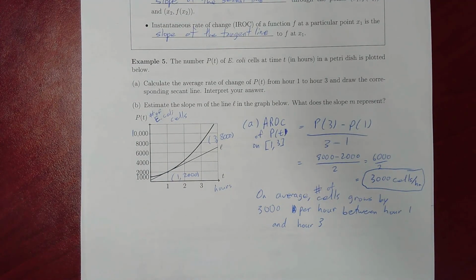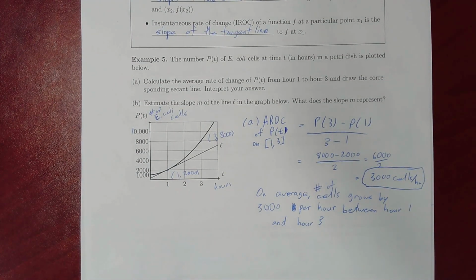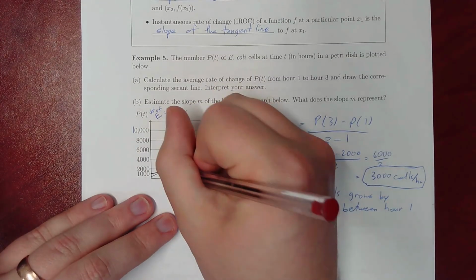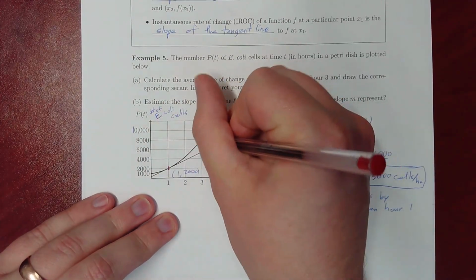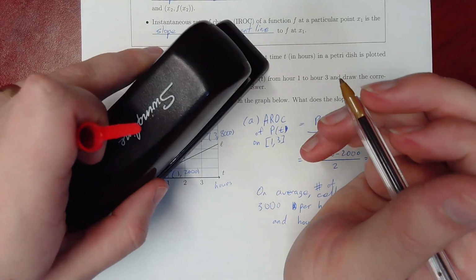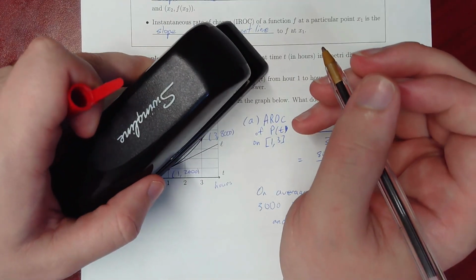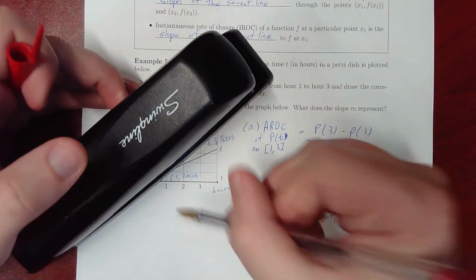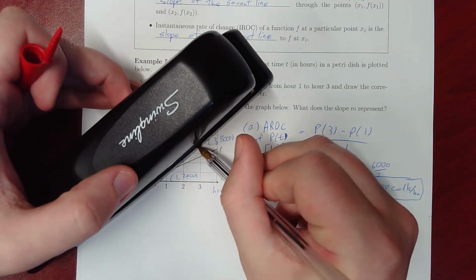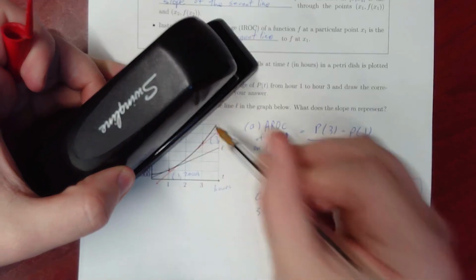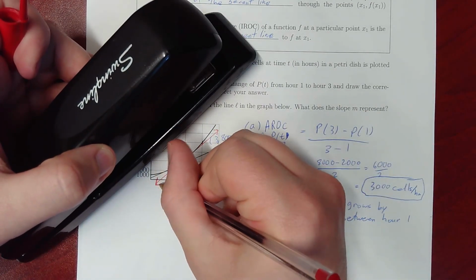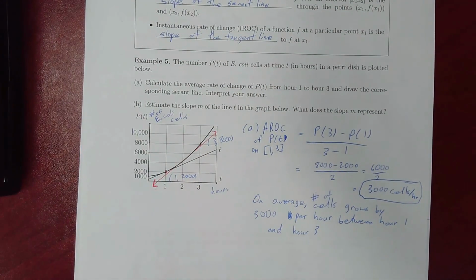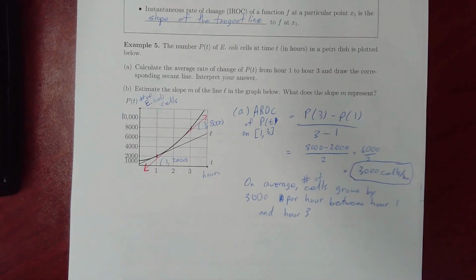So again, we want to make sure we can go ahead and draw this secant line. We've got one of the points here, we've got the other point here, and we get to play a game of connect the dots. Okay, so that's going to be part A for us.